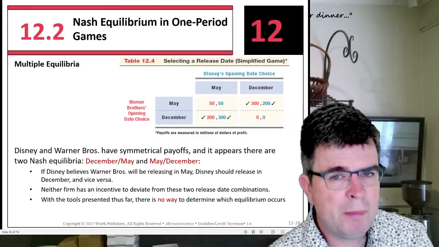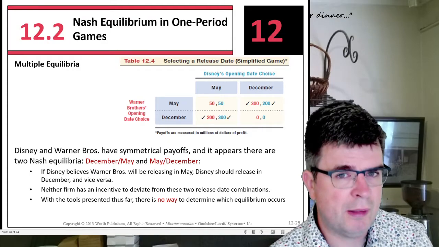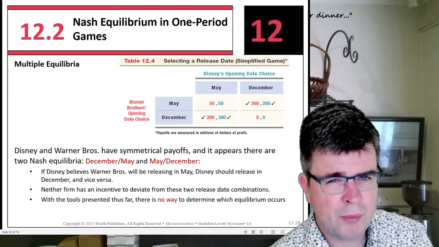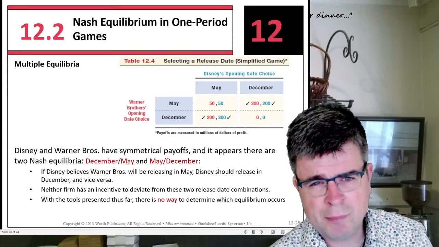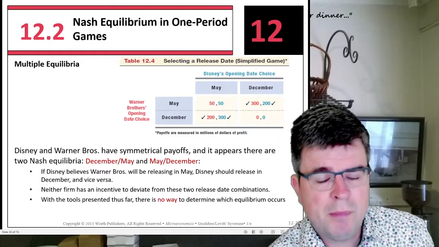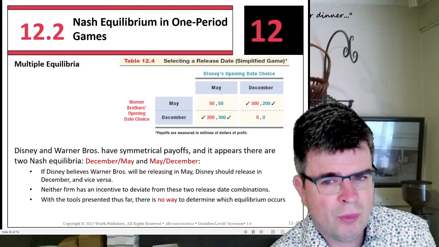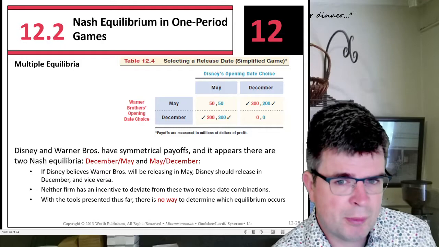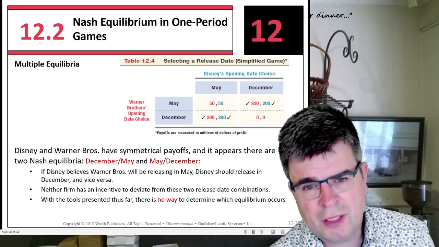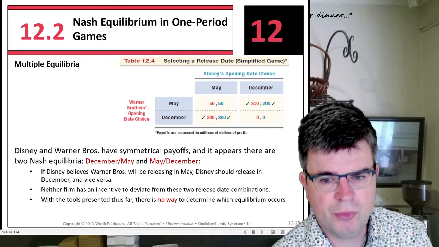Maybe we know that Disney has a reputation, for the last 50 years, of opening in December, and we may expect that Warner Brothers takes into account that Disney has its traditional release in December, so it will choose May instead. Based on this information, we might say, okay, maybe they can coordinate on this Warner Brothers May, Disney December outcome. But just based on the payoff matrix, the players, and the actions available, we cannot decide which of the two equilibria will occur in practice and how they will coordinate on one of the two.